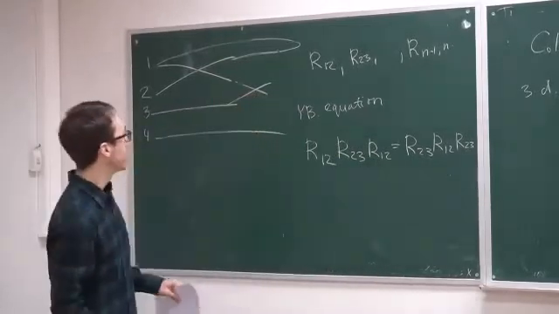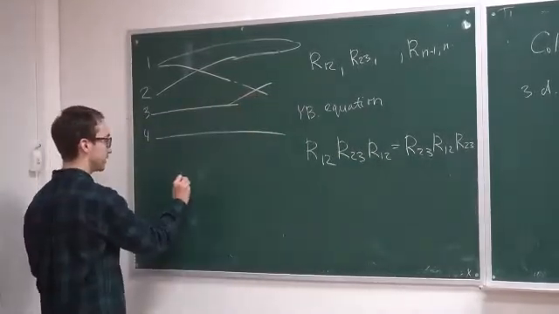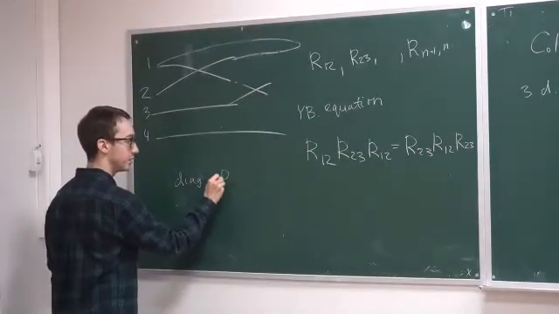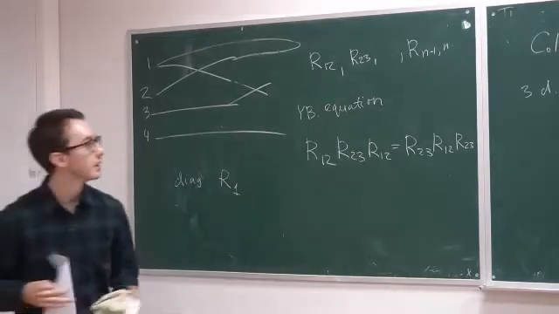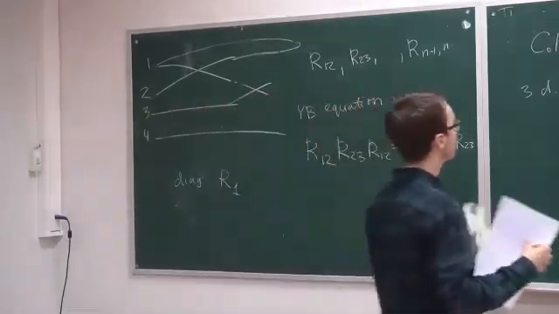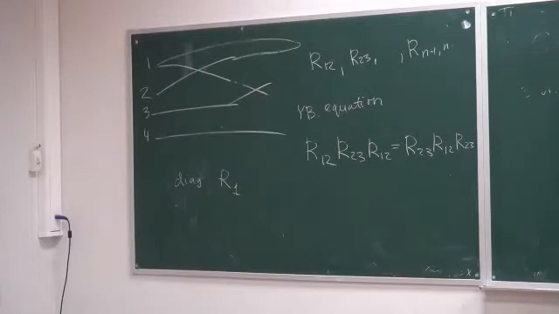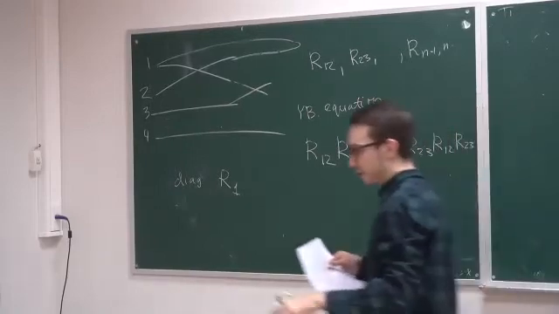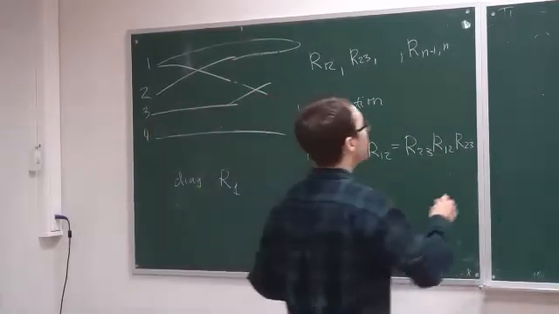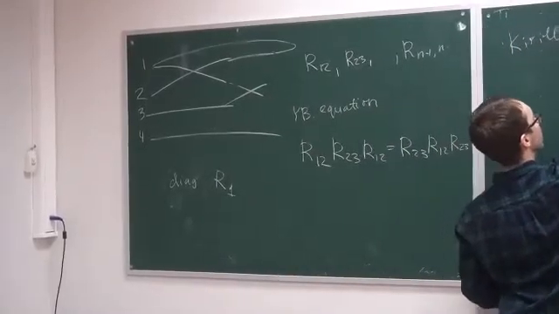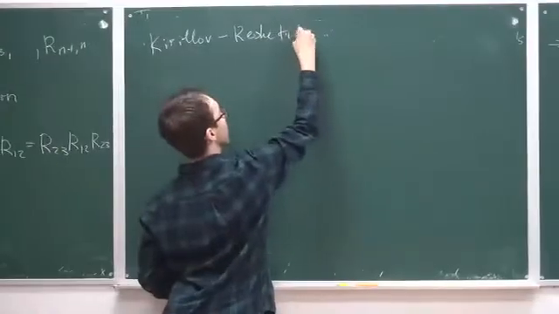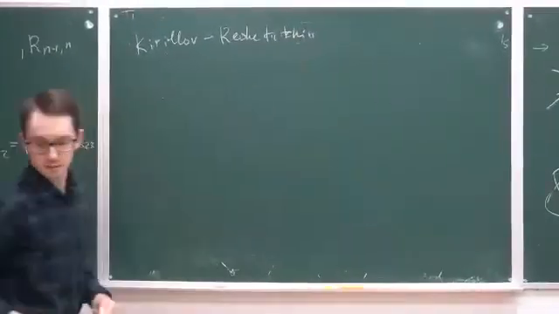And we can always diagonalize R1, but the other R matrices don't commute with it, so they are not diagonalizable simultaneously. But there is a very good description of them due to Kirillov and Reshetikhin.